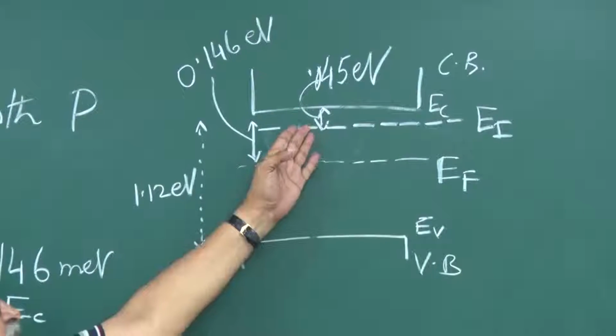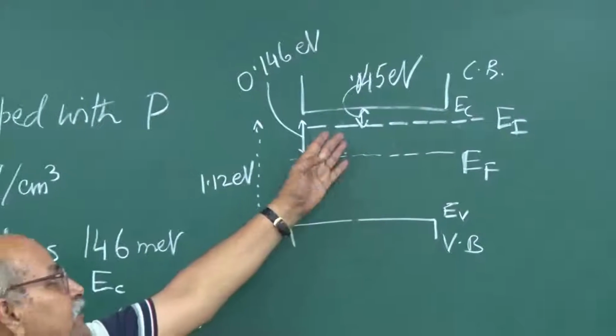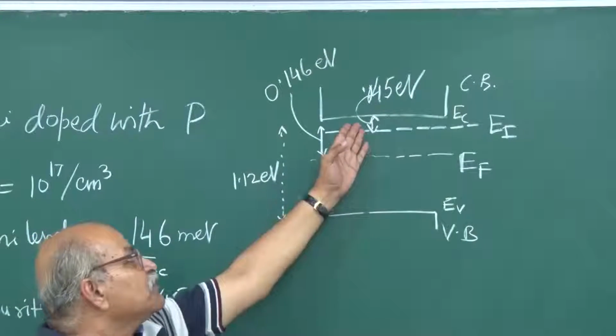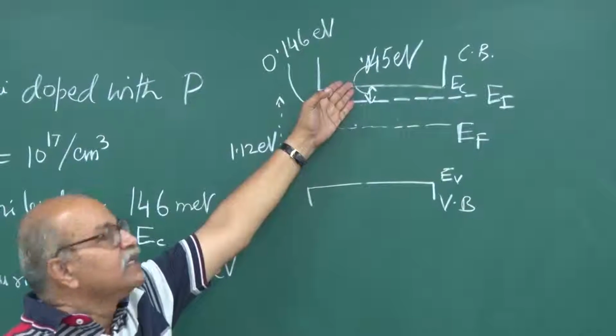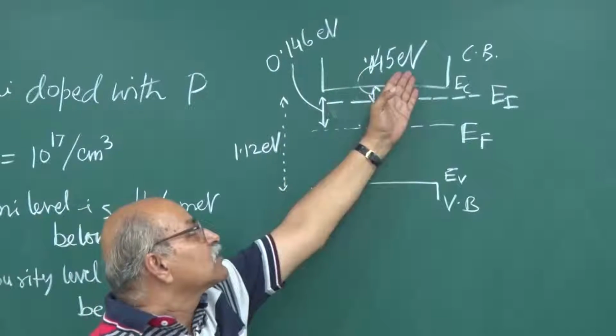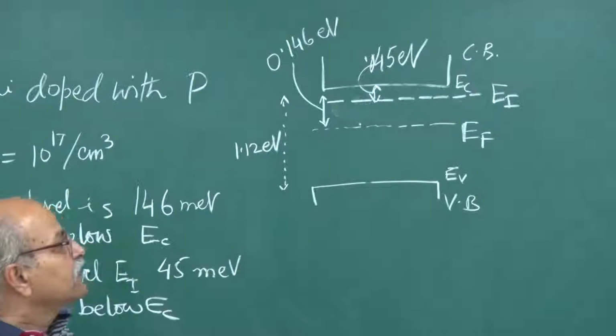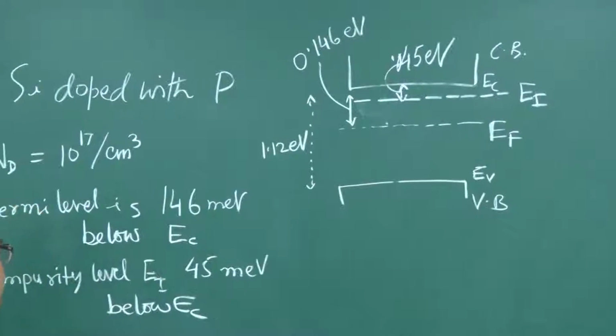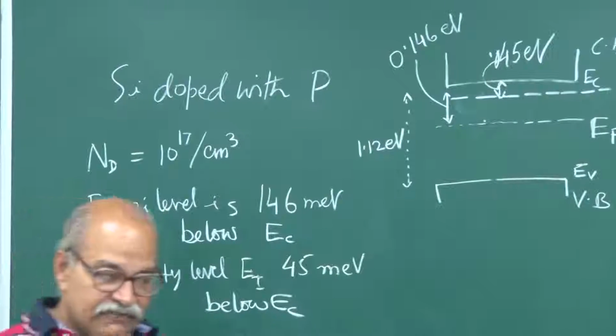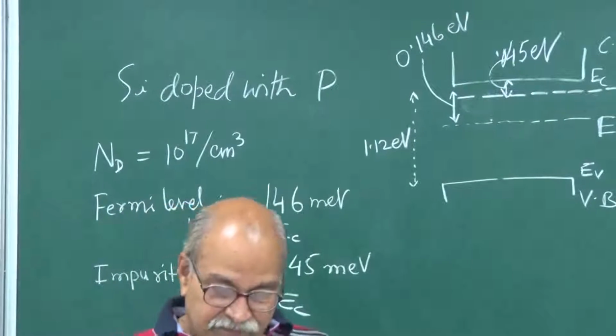So it is this thing here. The electrons jump from here to here because of thermal energies, and that is how you get electrons in the conduction band. Ne increases, Nh decreases. So this is the data which is available. What is asked?